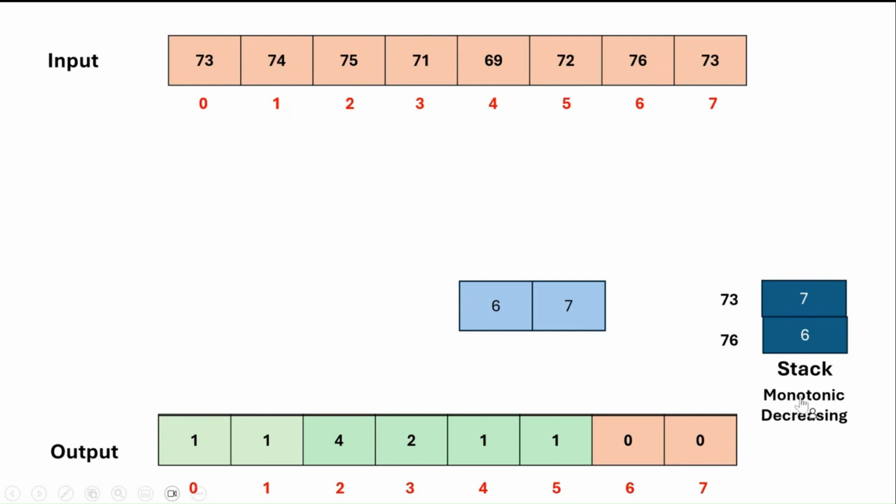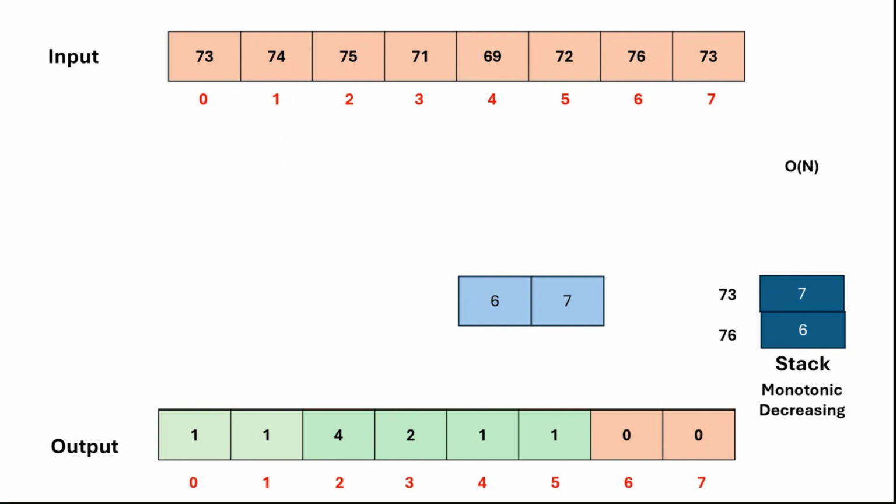This type of stack is called a monotonic decreasing stack, where we keep the entries in the stack as long as we are maintaining the decreasing sequence. Because we are parsing each element of the array only once, the time complexity is O of n, where n is the number of elements, or the number of temperatures, in the input array.